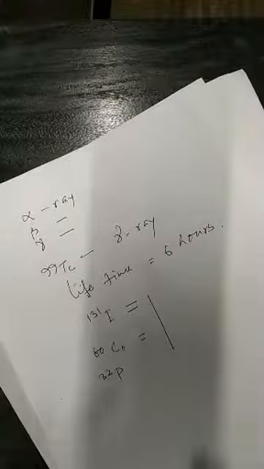Now, in agriculture, there are a lot of uses of isotopes nowadays. That is, isotope is used to determine what type and what amount of nutrients exist in soil.